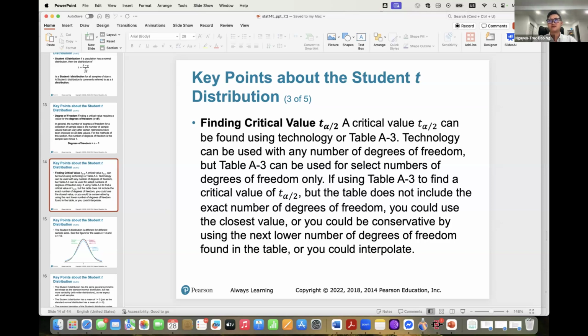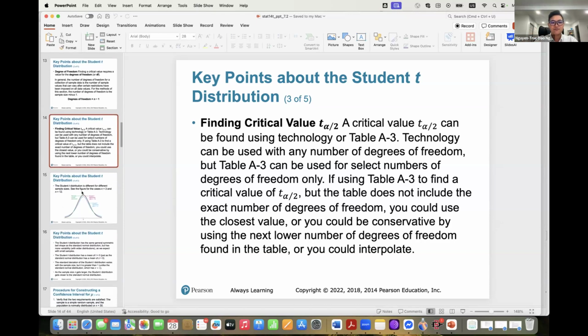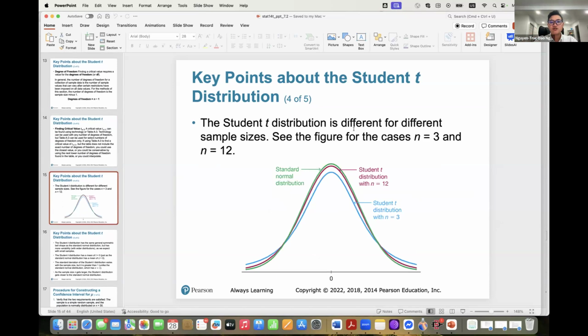Because in table A3, we just have the degrees of freedom from 1 to 30, but after that they skip from 30 to 40. We just have 40, 60, 80, 100, and then 1000. So that's why it's better to use technology. And the student t distribution is different for different sample sizes. We can see the figure for n equals 3 and n equals 12 here.